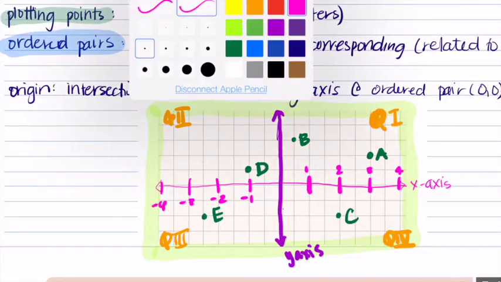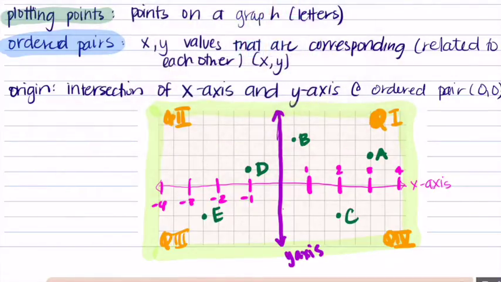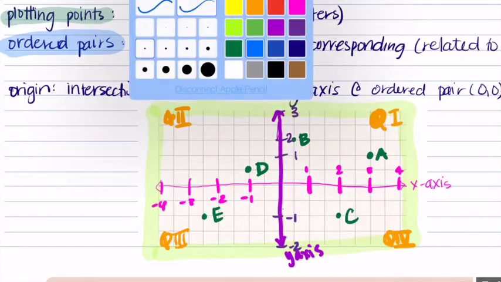And our y values, in purple, negative 1, negative 2, 1, 2, 3. So we go back to putting our ordered pairs.